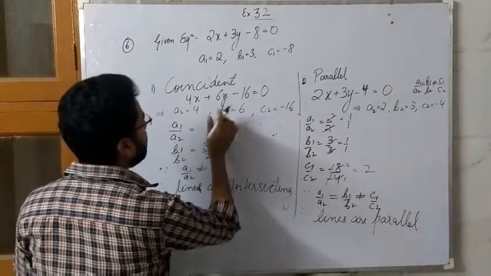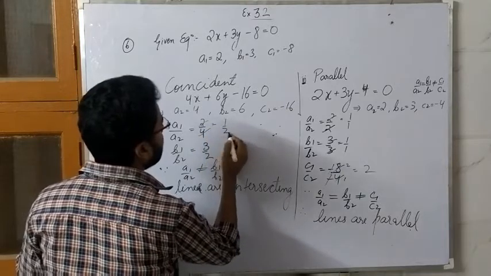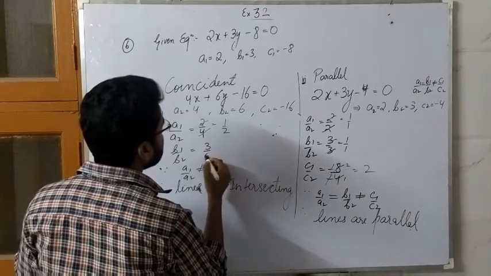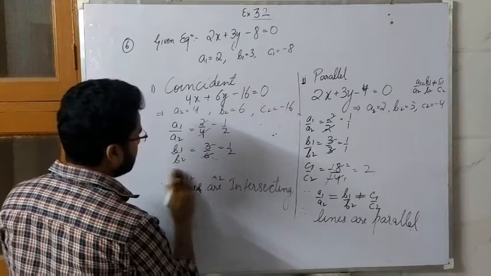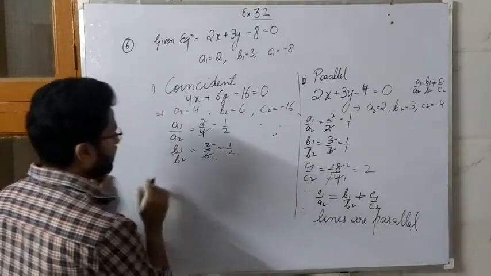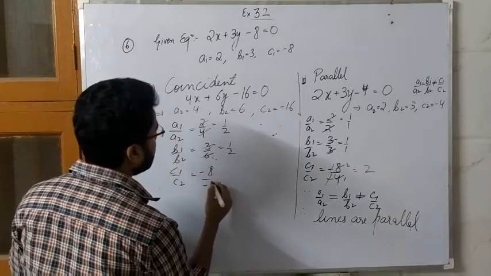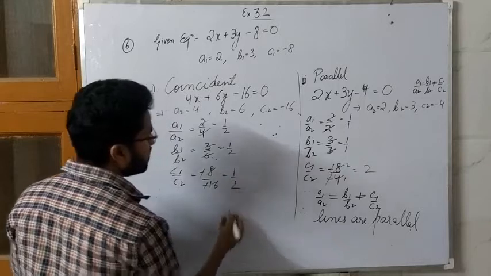Now a1 upon a2 when you will find, it will be 2/4, answer will be 1/2, and this will be 3/6, again answer will come 1/2, and when you will find c1 upon c2, right? When you find c1 upon c2, it shall be -8 upon -16. Minus से minus cancel, 8 1 8, 8 2 16.